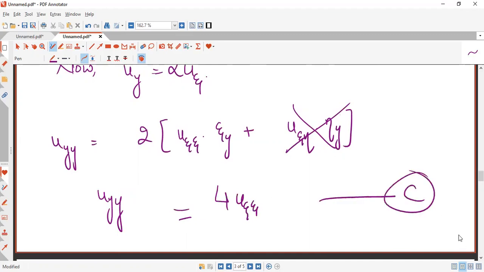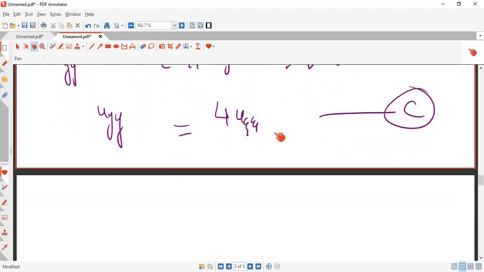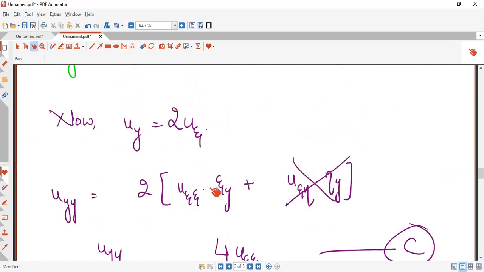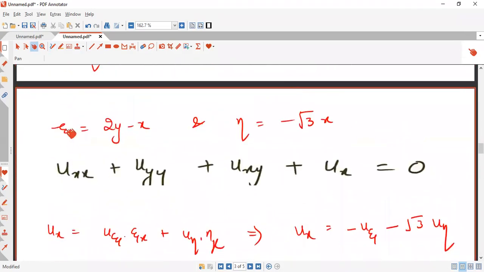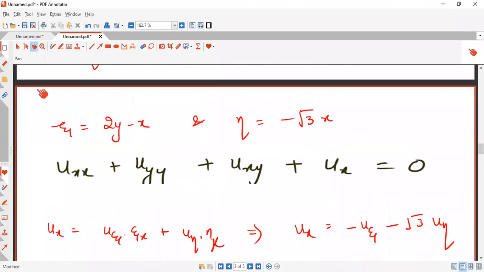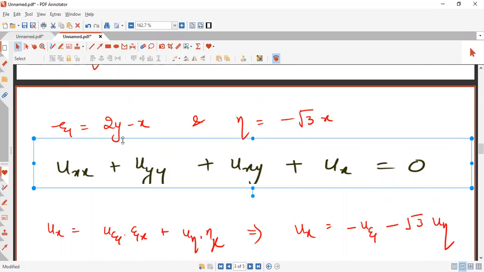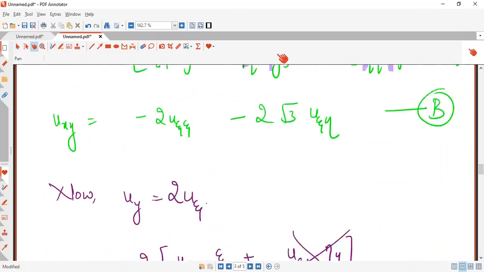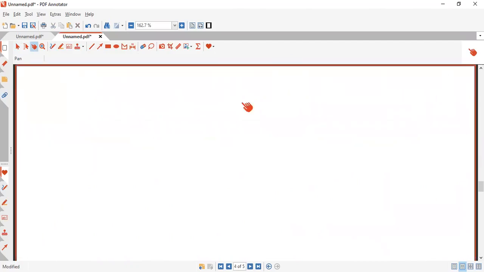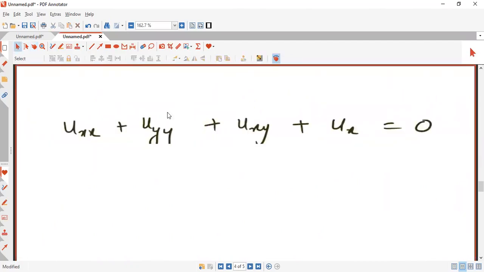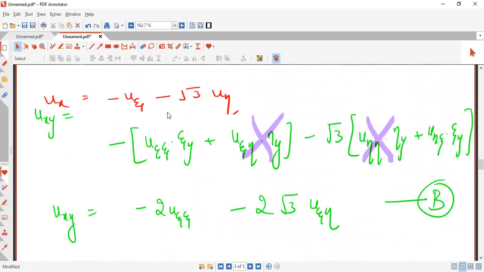Now this is c. Put the values in the given equation. The given equation is this, right? Put the values here. Uxx, uxx is what?